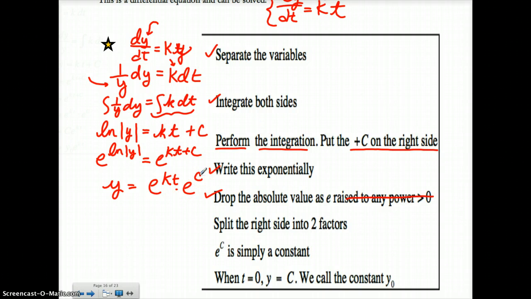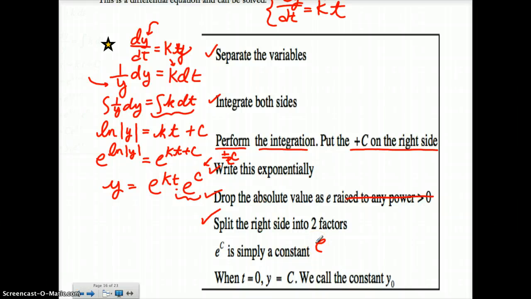And really a better explanation for why those absolute values can be dropped is because this constant we can consider right now is plus or minus e to the c, so we can drop it on the left-hand side. And plus or minus a constant is still some constant. So I've split the right side into two factors, and it says e to the c is simply some constant.